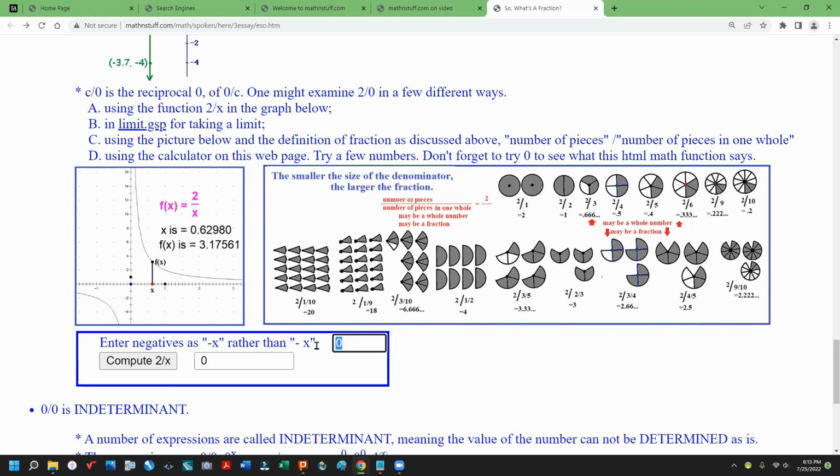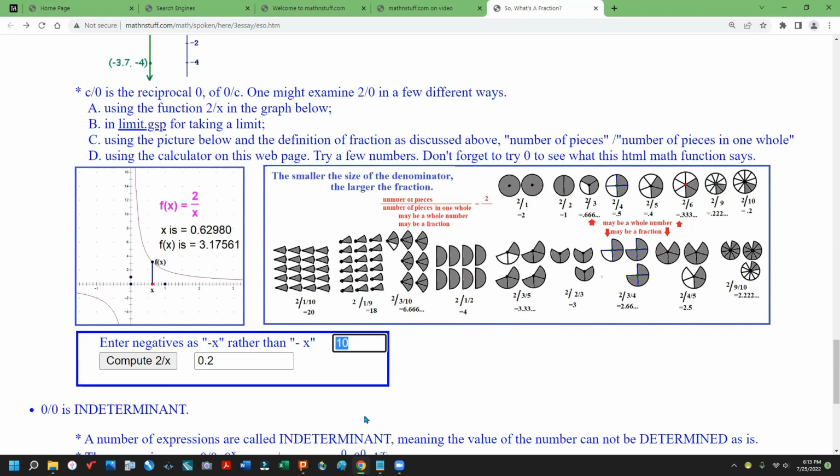So if I put in a 2 here, 2 divided by 2 gives me 1. Let's put in a 4. 2 divided by 4 gives me a half. Let's put in a 10. 2 divided by 10, 2/10. There it is, 2/10.